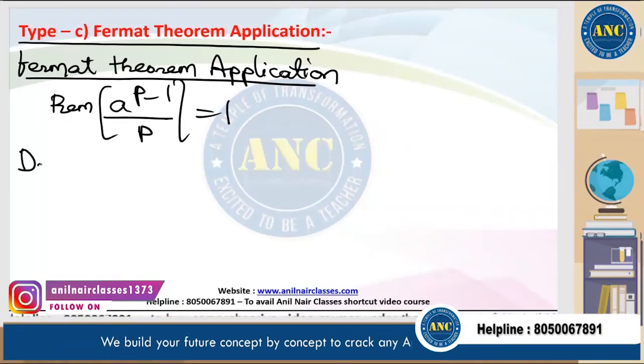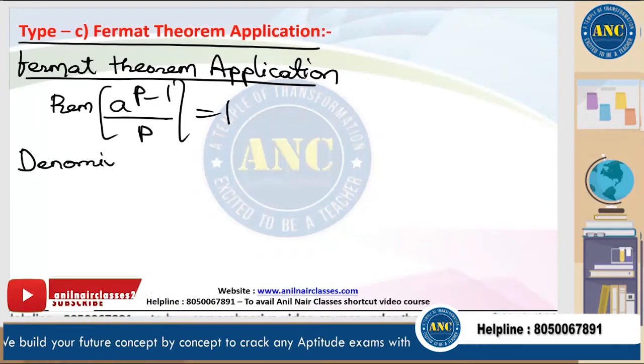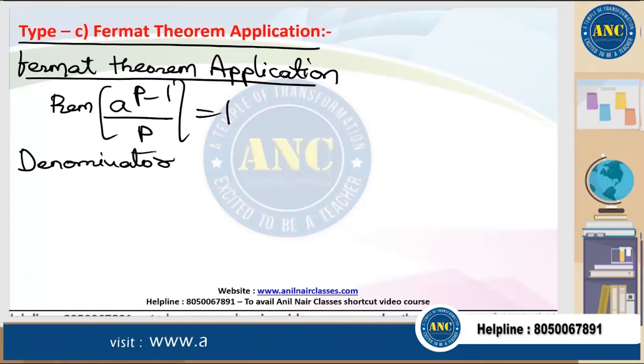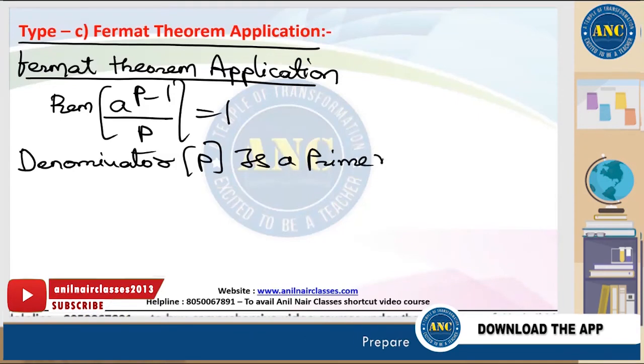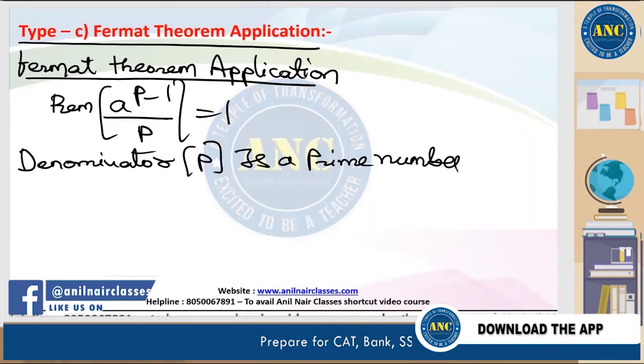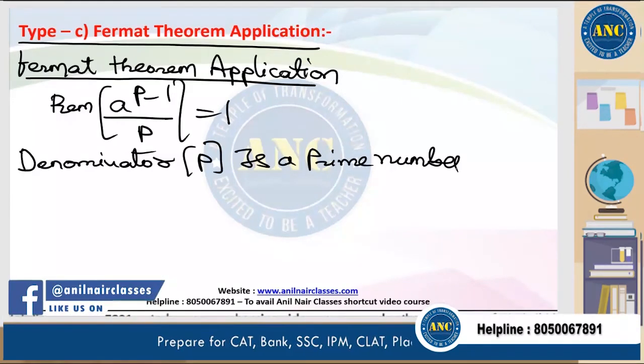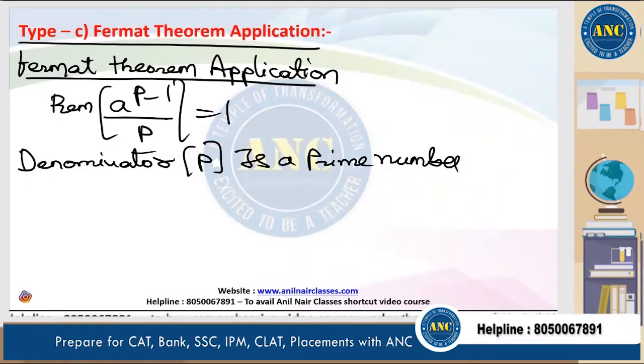Fermat's theorem is used when the denominator is a prime number. What is this p minus 1? How did you get p minus 1?